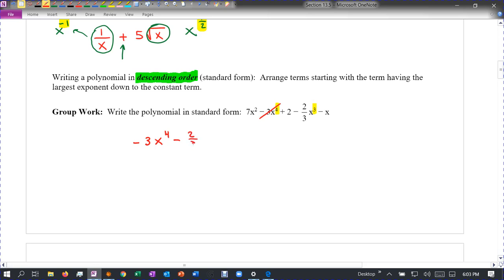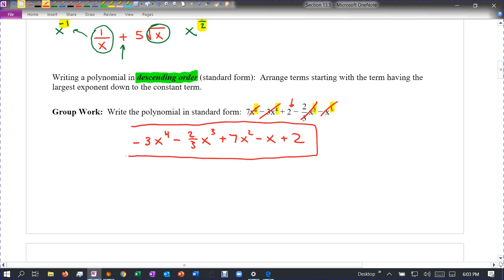Minus 2/3 x cubed. The next highest power we see is x squared, so we write that down, plus 7x squared. Then the next highest power we see is just this x right here, x to the first power. So we'll write that term down now, minus x. And then now we have a number by itself, which is just plus 2. This is that polynomial written in descending order.